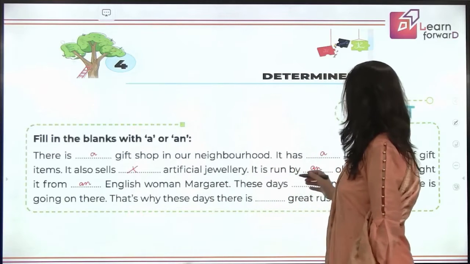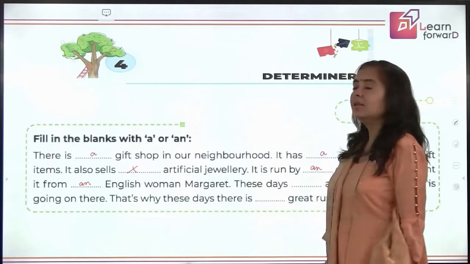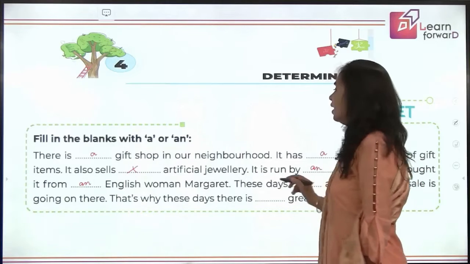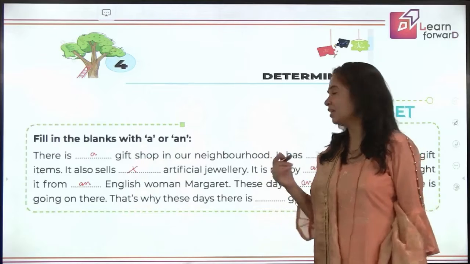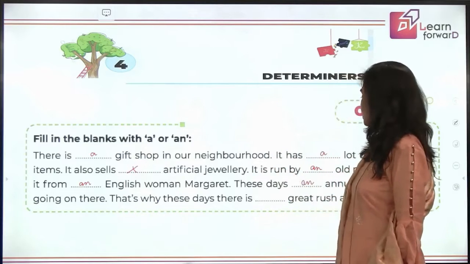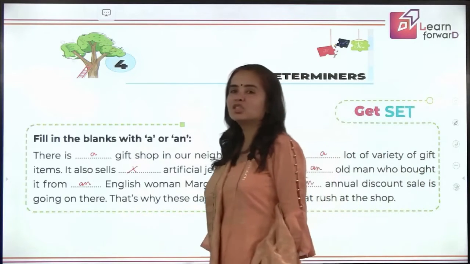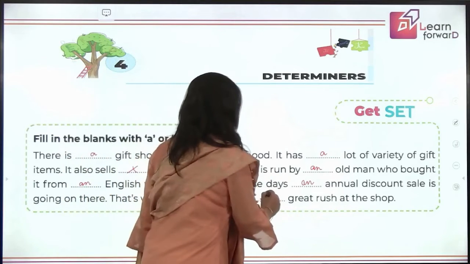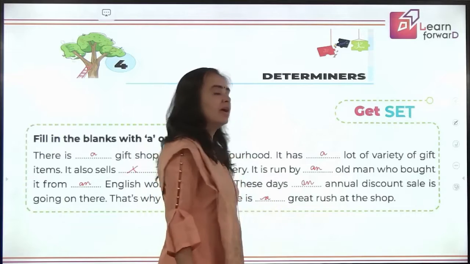These days, dash annual discount sale, yes, an annual discount sale, that's perfect, is going on there at that shop. That's why these days there is dash great rush. So what are you going to use here? Exactly, a great rush at the shop.